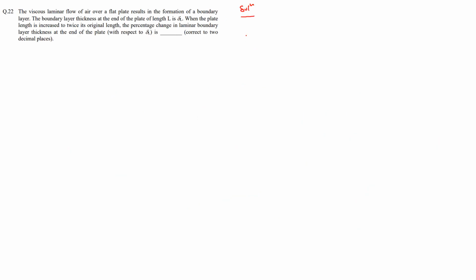Let me just write down the Blasius formula again. So delta, which is the boundary layer thickness, is 5x divided by root Re_x.